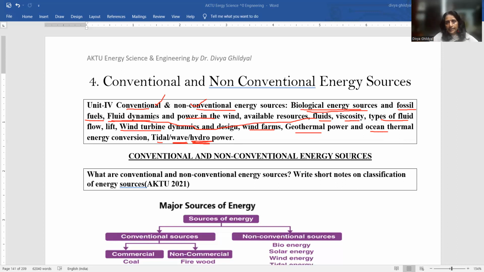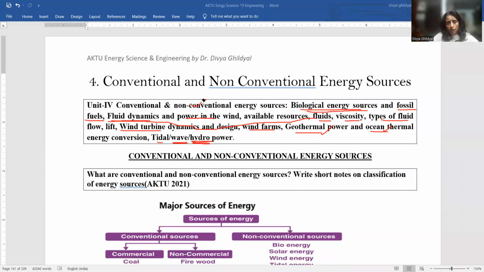Discuss in detail wind turbines has been asked, and comparison between geothermal and ocean thermal energy has been asked. Tidal wave hydropower, one question has been asked in your previous year question papers. Okay, now let us begin with the syllabus.